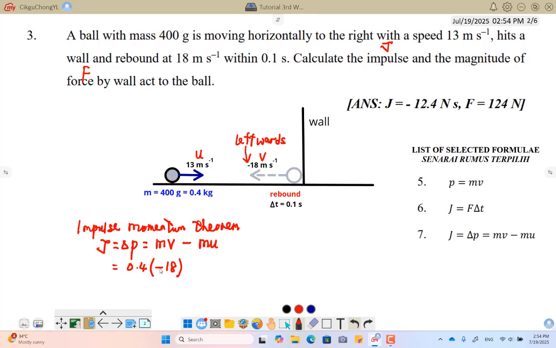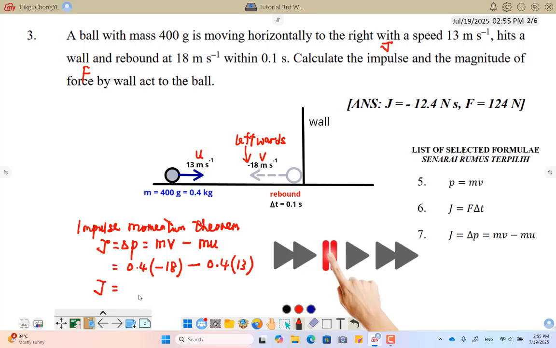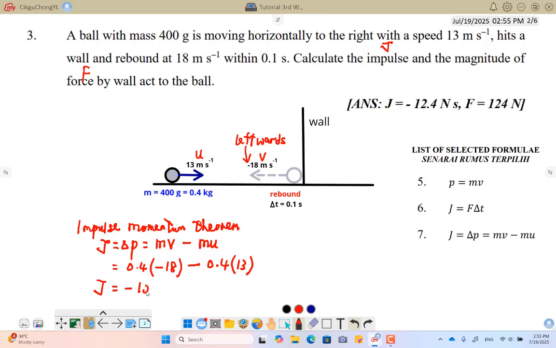The negative sign indicates that after rebound, the ball is moving leftwards, okay? Minus the initial momentum, which is mass 0.4 multiplied by the initial velocity, 13. So you may pause the video to do the calculations. You will get the impulse to be negative 12.4 Newton second.